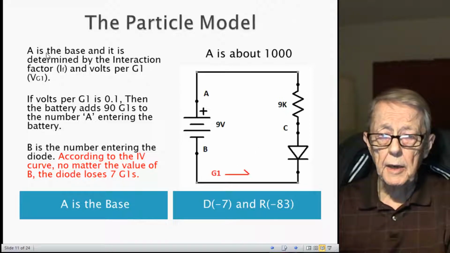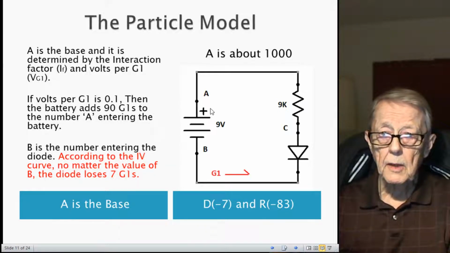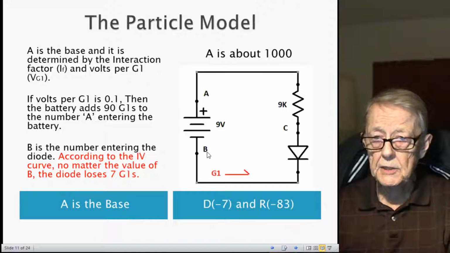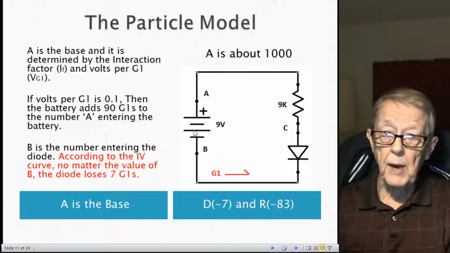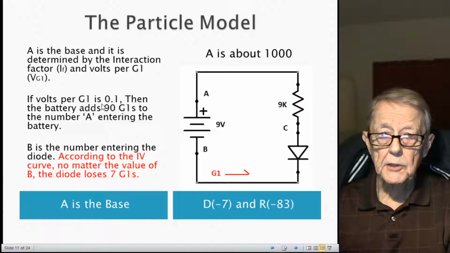A is what I generally would call the base flow of G1s, and it's determined by some constants that I've been trying to work on. A, uniquely, and this is an important point about the particle model and circuits in general, A, in a sense, continues all the way around. It never really changes when the circuit is stable.